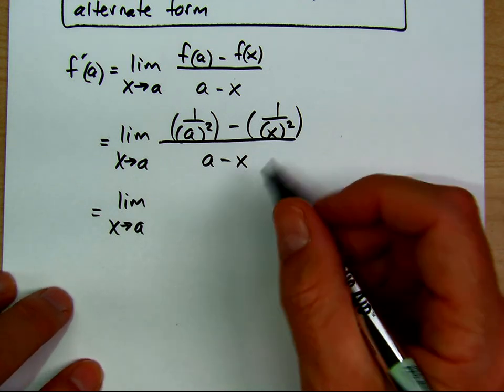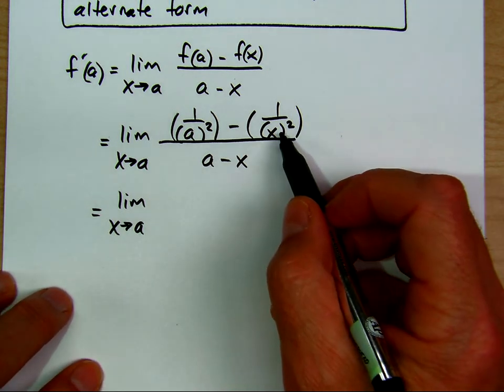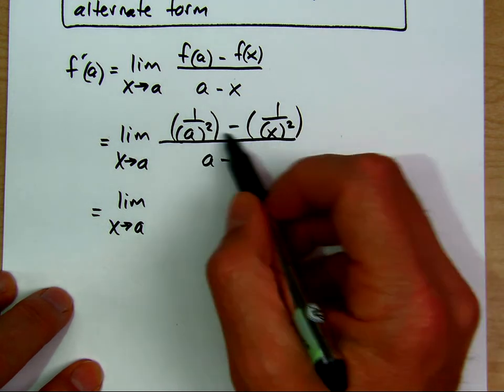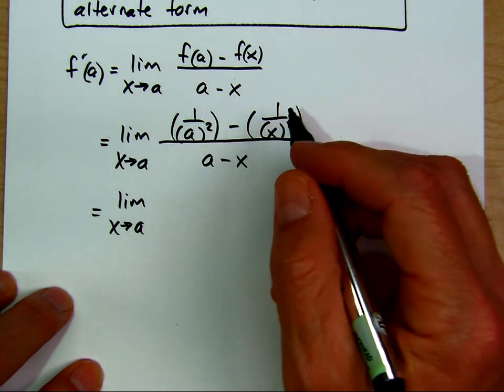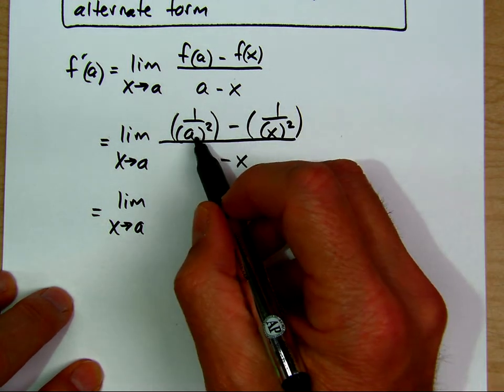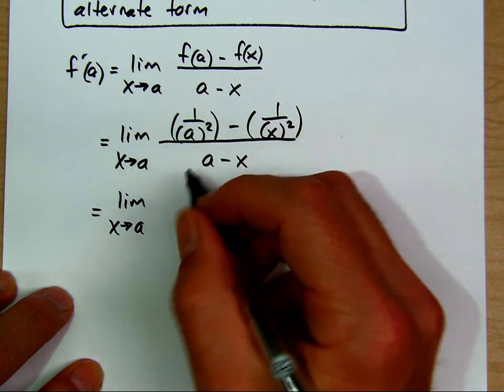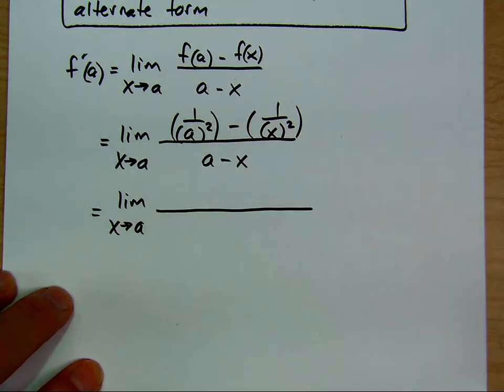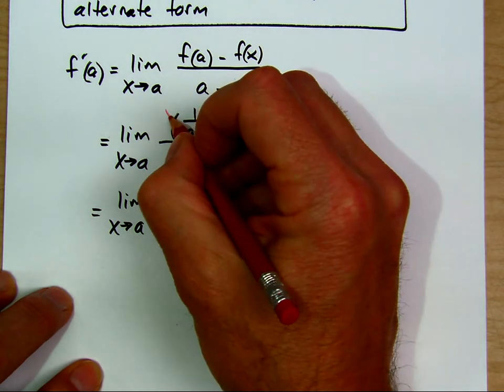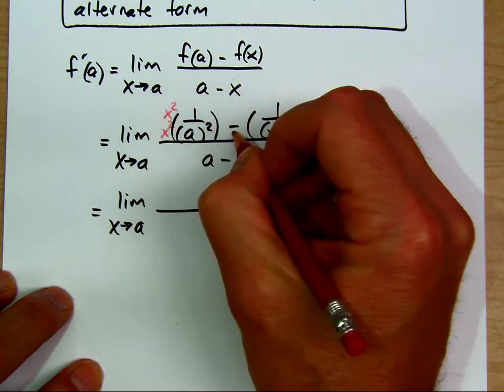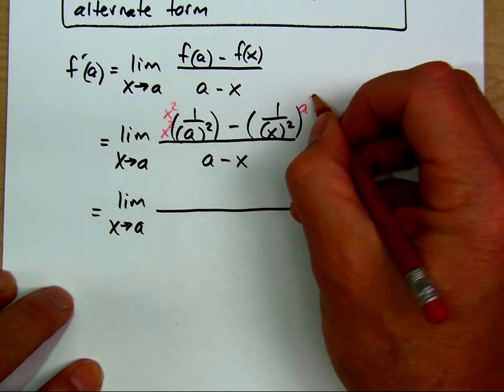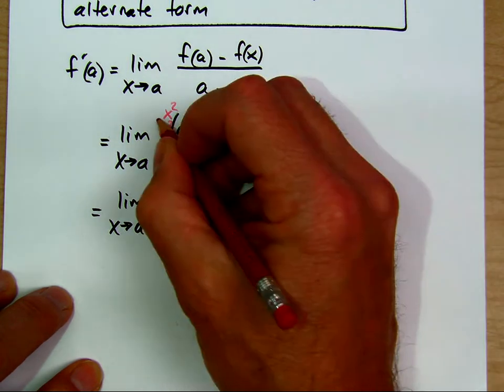So let's get a common denominator up here so that we can combine these. Let's make the denominator a squared x squared. I have to multiply this by x squared over x squared. So I'm going to multiply by x squared over x squared on that one, and multiply by a squared over a squared on that one.